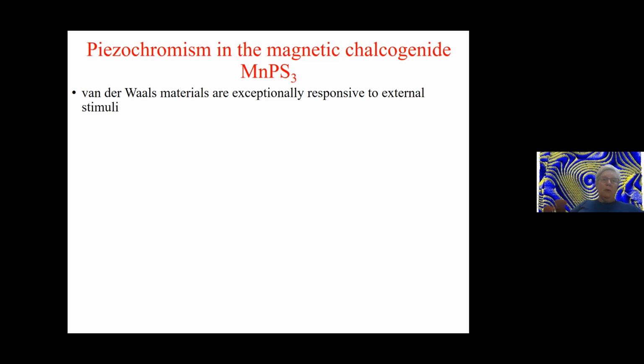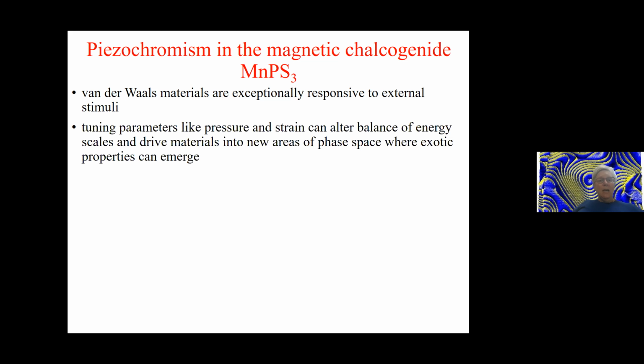So as you probably know, people are realizing that just like oxides, these van der Waals materials are exceptionally responsive to external stimuli, and that tuning parameters like pressure or strain can alter the balance of energy scales and drive materials into new areas of phase space where you can get exotic properties. So this is, of course, our strategy with high field experiments too.